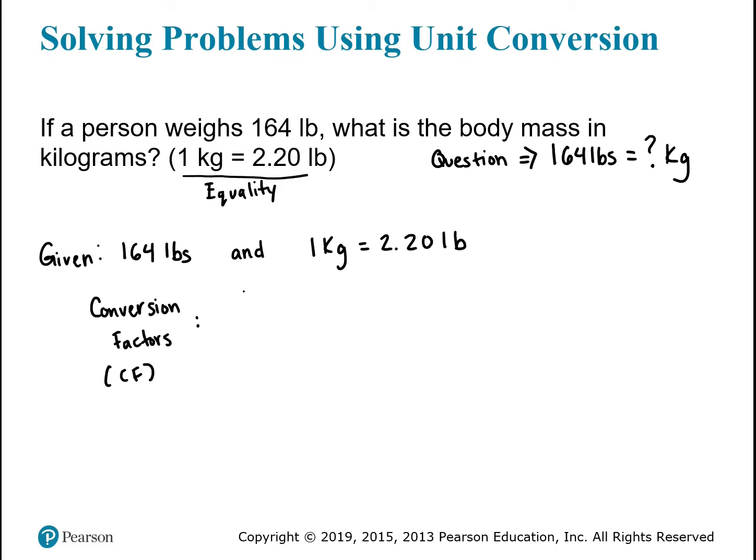So from our equality, we can write 1 kilogram in the numerator, 2.20 pounds in the denominator, and we can write the reciprocal, the 2.20 pounds in the numerator, 1 kilogram in the denominator. Now we need to choose one of these conversion factors that will get us from pounds to kilograms.